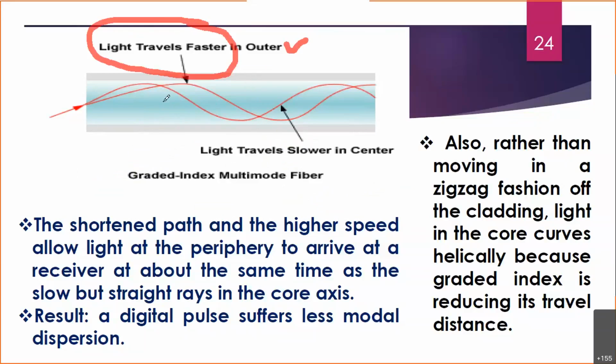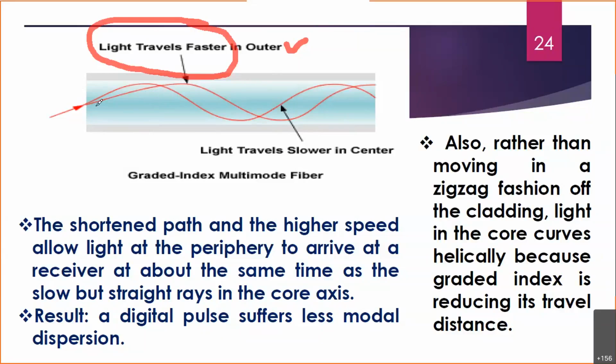So at the center part, as I said, the refractive index is maximum, so of course the speed of light will be less compared to the other layers, because there the refractive index is less compared to the central part. So you can imagine at the center the speed of light is less, but at the outer end of the core, near the cladding, the speed will be maximum, because there the refractive index is less compared to the central part of the core.